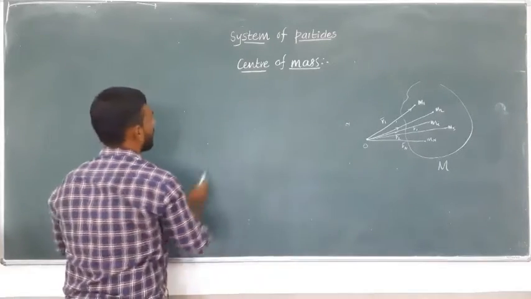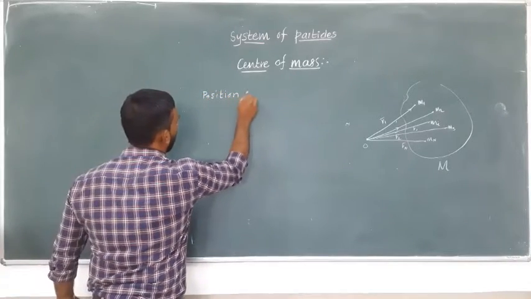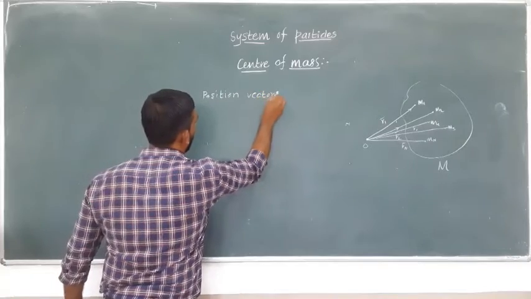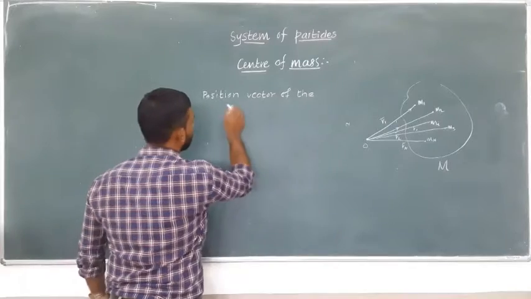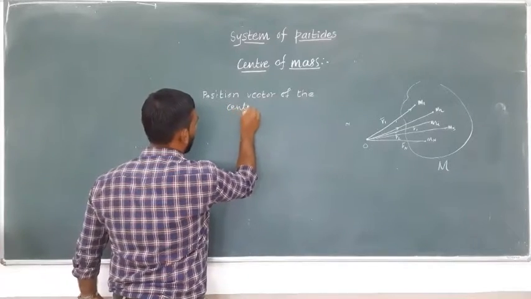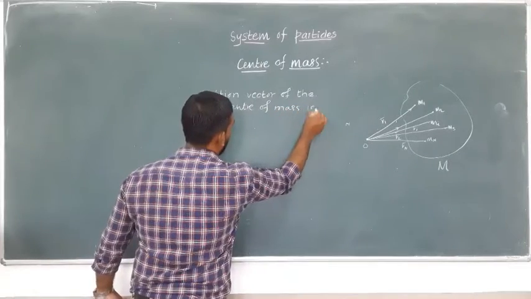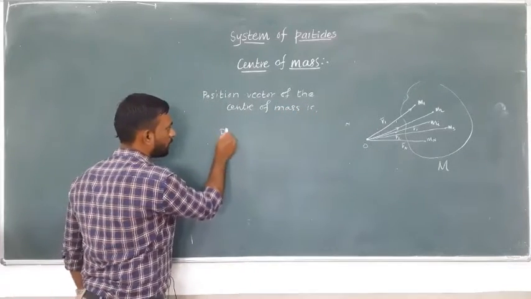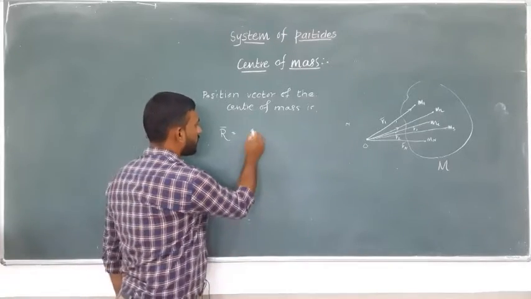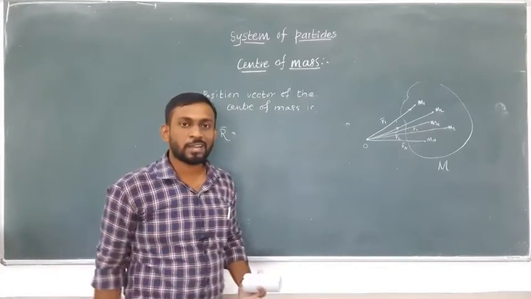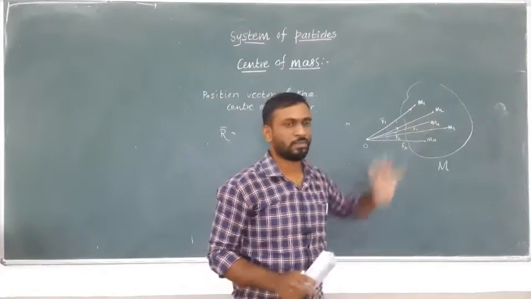So the position vector of the center of mass is, suppose R is the position vector of the center of mass, it can be represented as a weighted average of the position vectors of each and every mass of the system.